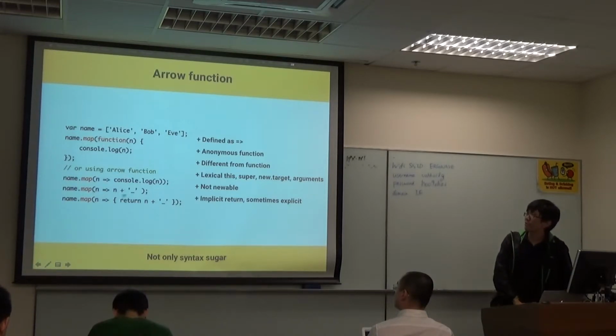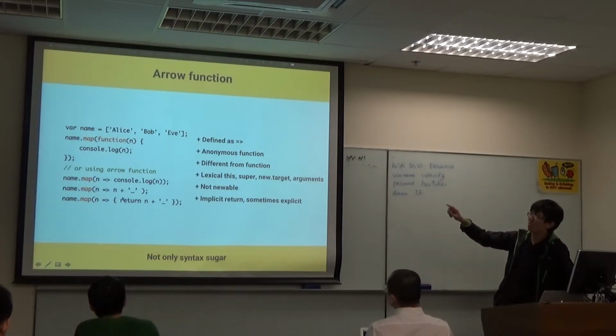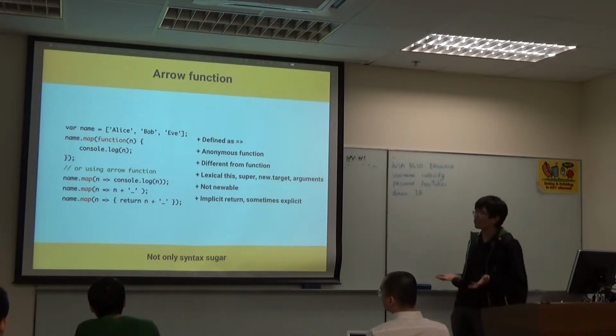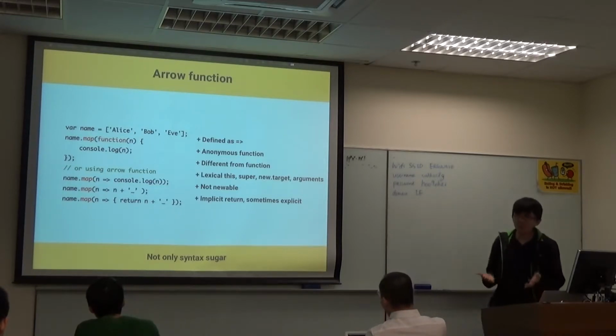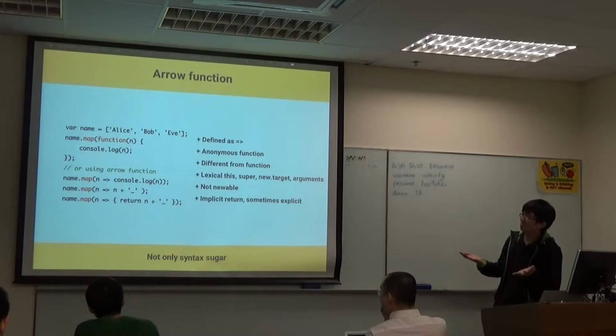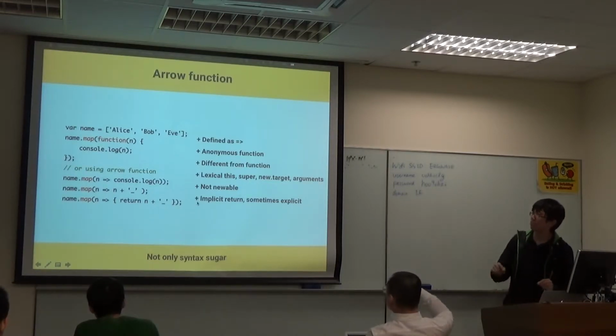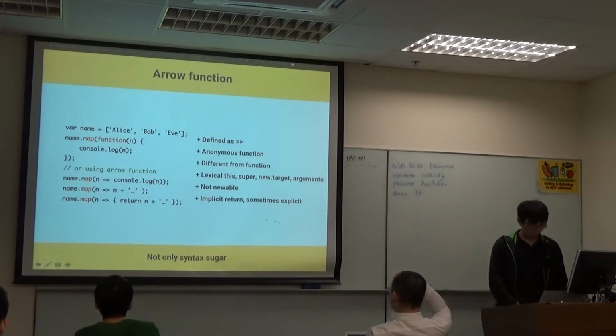If we use this syntax, the output will be Alice underscore, Bob underscore, Eve underscore, and you don't need to type return. But you can also write return like that. It will output the same result. So it's really convenient because you don't need to write return every time.